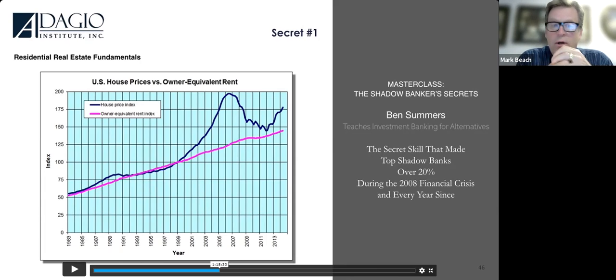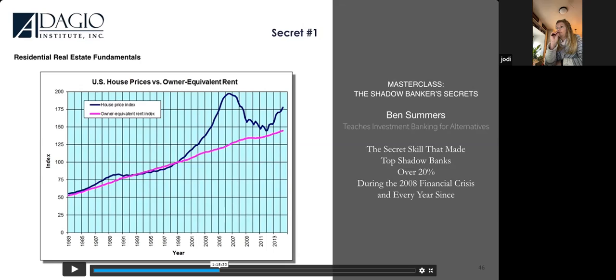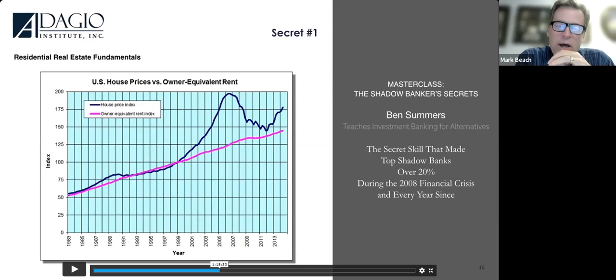And I remember back in 2008, I don't know how old you are, if you remember that well, or if you were still in high school, but I distinctly remember two phenomena that I observed. Number one, in some markets, people just took their keys and handed them back to the bank. They didn't even bother with a short sale. If you remember, the short sale was something that came out of that.